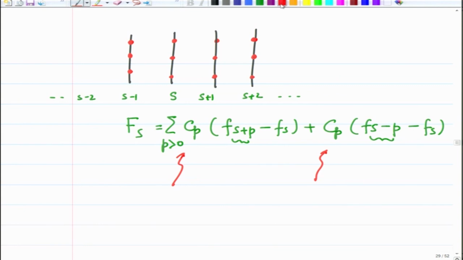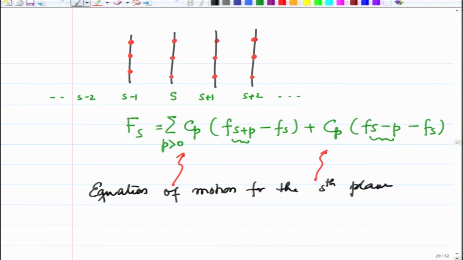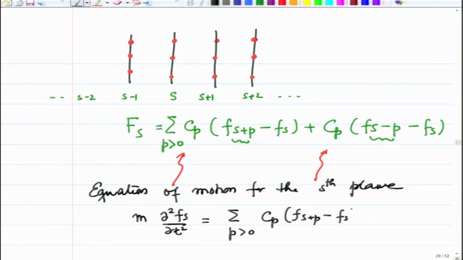Now, the equation of motion for the Sth plane is going to be m d2 Fs by dt square is equal to summation p greater than 0 Cp (Fs plus p minus Fs) plus Cp (Fs minus p minus Fs).